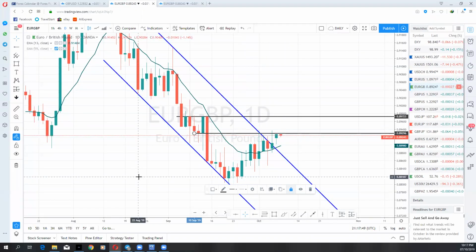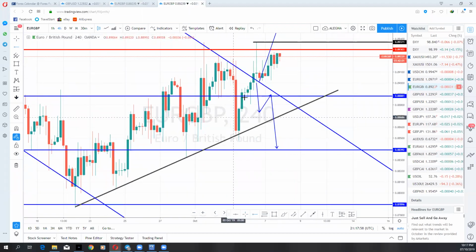So now the deal is it has broken out of this falling channel, but there's not enough momentum to push upward. If we go to the intraday chart, that's why the movement has been kind of lackluster. There is no follow through, because whenever a pair breaks out of a constriction, that's a channel, it always moves with momentum.